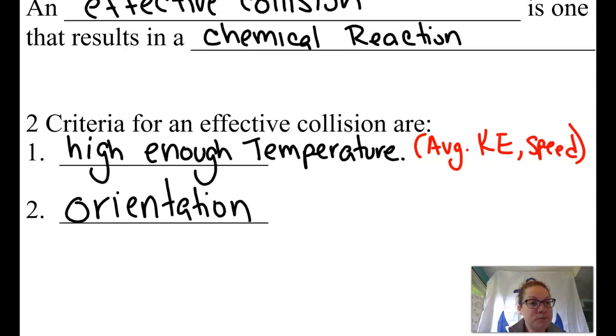All right. So what could we do to speed up a chemical reaction? What could we do to make that reaction go faster? Think about what you could do, what things you could change about substances. And think back to when we did dissolving. What could you do that would change how fast, or change this to be able to happen faster?